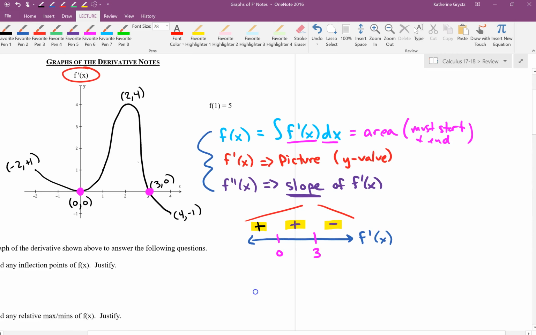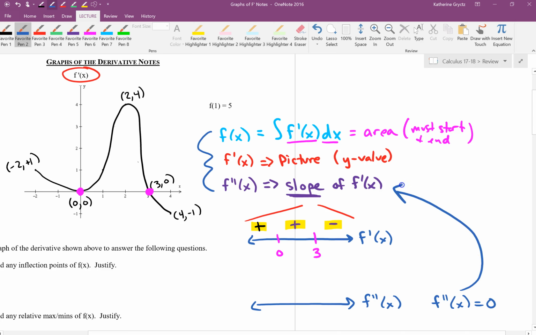Okay, and then if we did the second derivative sign line, what we always did for the second derivative sign line was we took the second derivative and we set it equal to 0. This one's a little bit harder to understand. But if we go back to our definitions of where we would get things, f double prime of x is the slope of this picture.